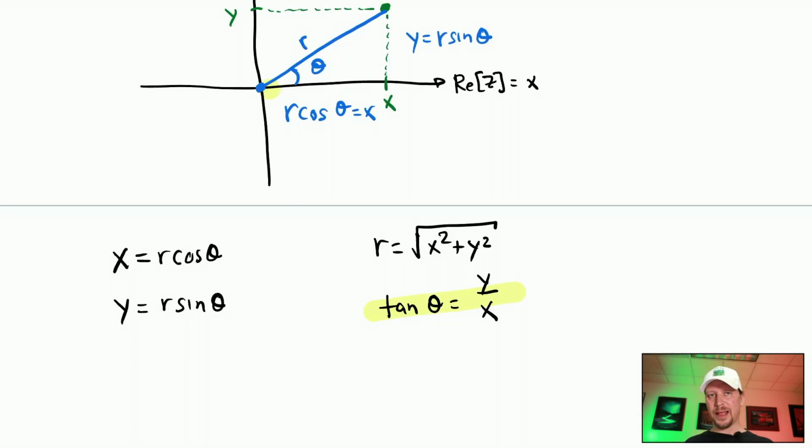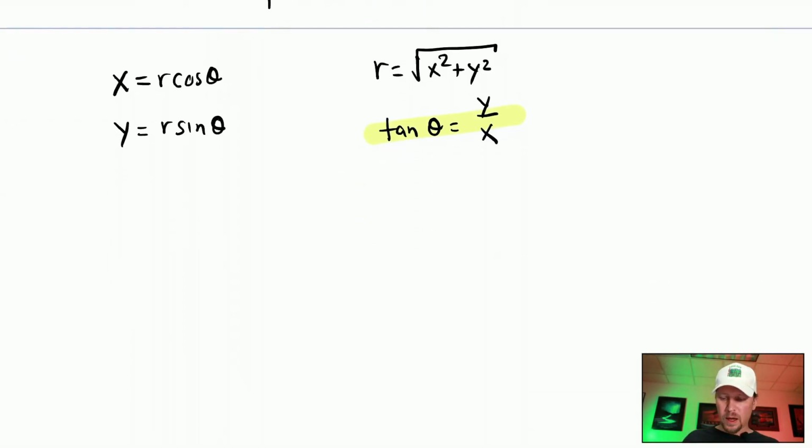So using that last equation, you need to take a look at the geometry as to where that complex number happens to be, so that you can figure out the angle.